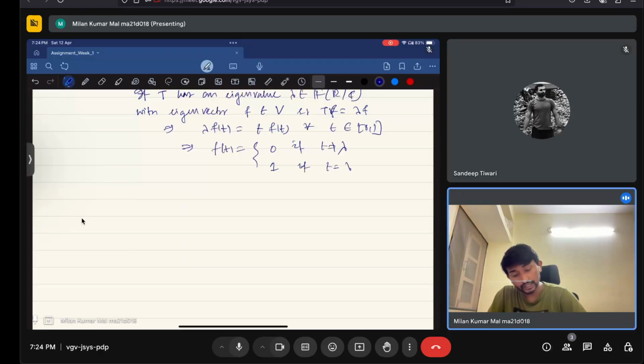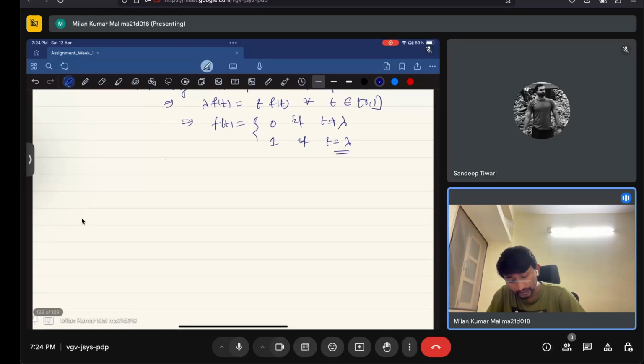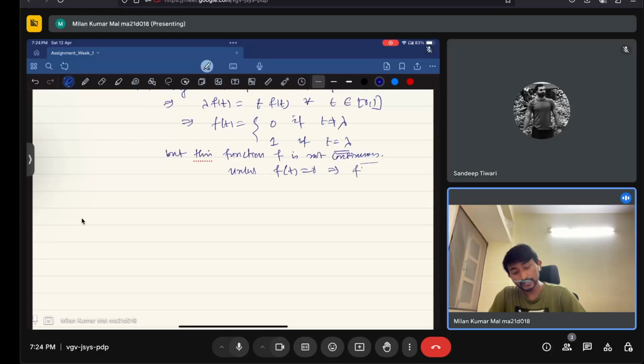But this function f is not continuous, because unless f(t) equals 0, f can't be an eigenvector. Okay, if f(t) is 0, then it can be an eigenvector for anything. But why is f(t) 0?